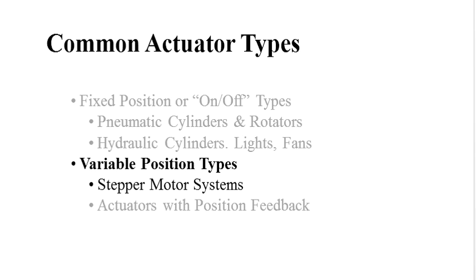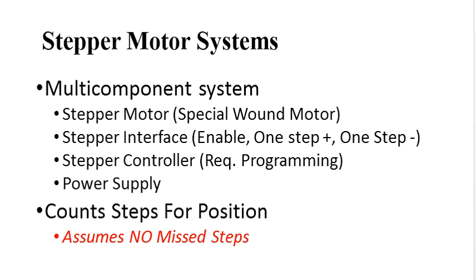Now, the more interesting kind of actuators are variable position types. Stepper motor systems are one such. Stepper motor systems are multi-component systems comprising a special kind of motor called a stepper motor, an interface which enables the motion to go one step forward or one step backward, then a stepper motor controller which requires programming to tell how many steps and how fast and in what direction, and then of course a power supply to run everything.